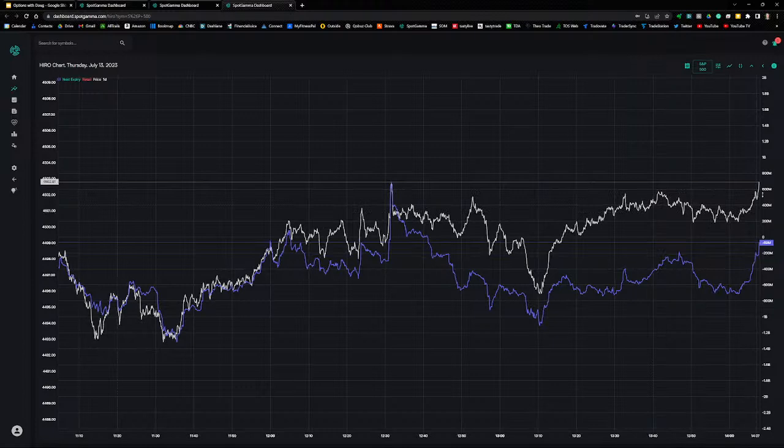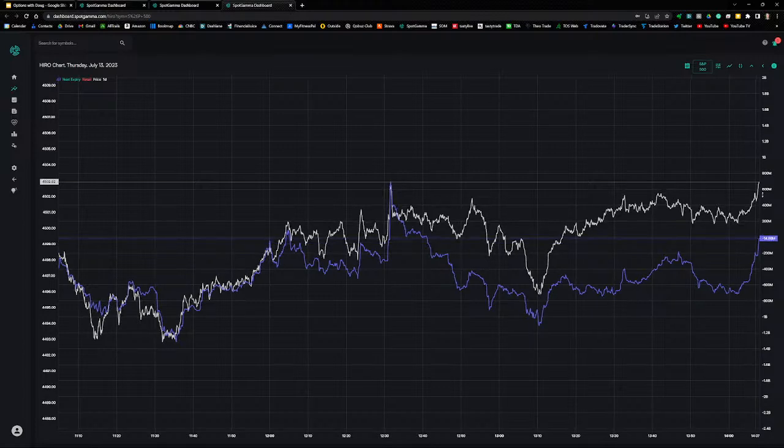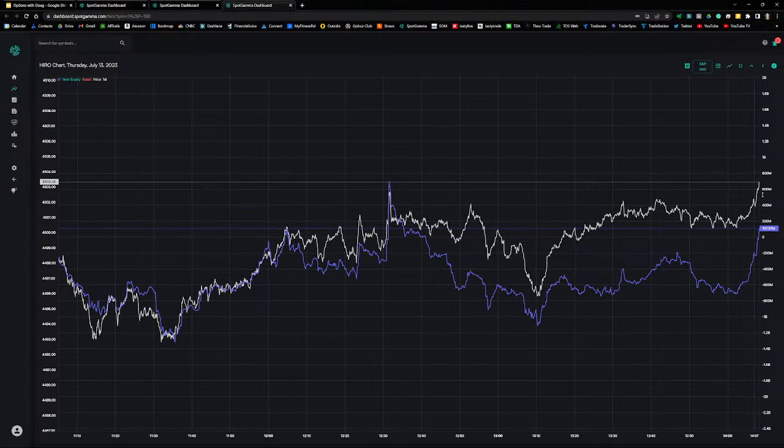I'm looking at intraday trading only. If you're looking for a bullish or a bearish setup, you can rank your watch list by the Hero signal from weakest to strongest, let's say for a bearish setup, or from strongest to weakest for a bullish setup. We'll take a look at that in just a minute.